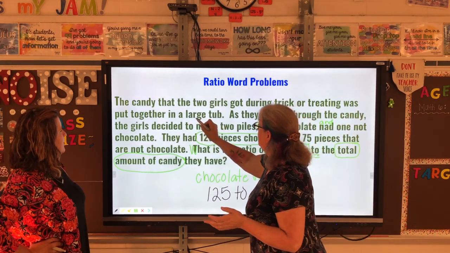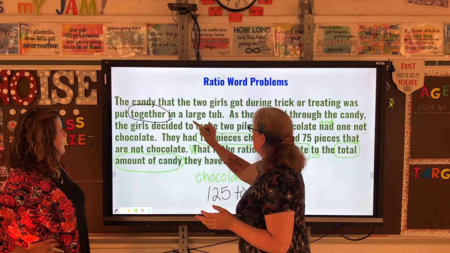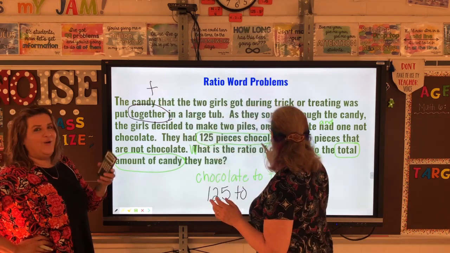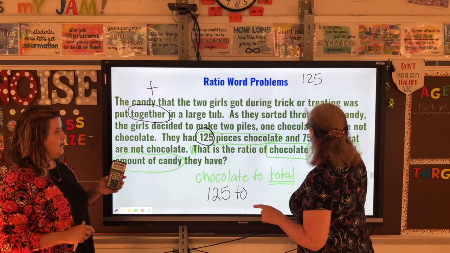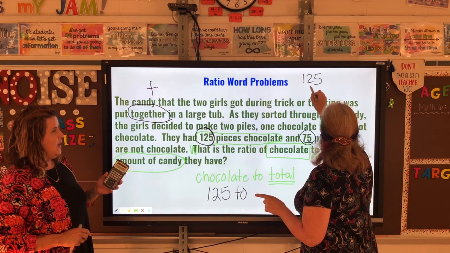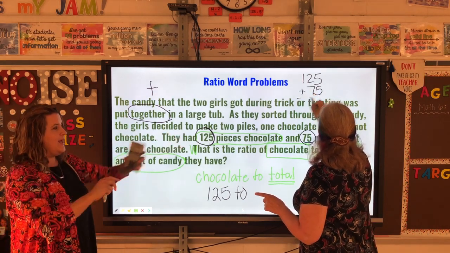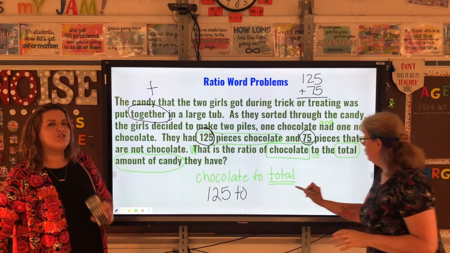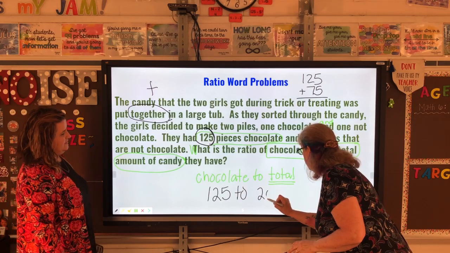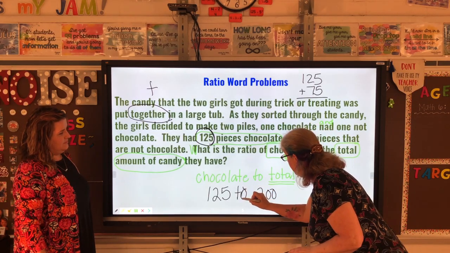They put it together. Together means I'm going to add them. 125 and 75. I got your back, Miss Lamb, I got a calculator. 125 plus 75 equals 200.